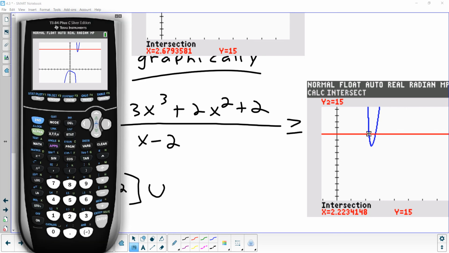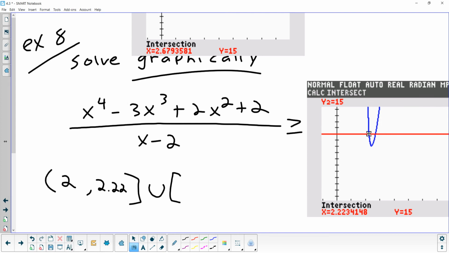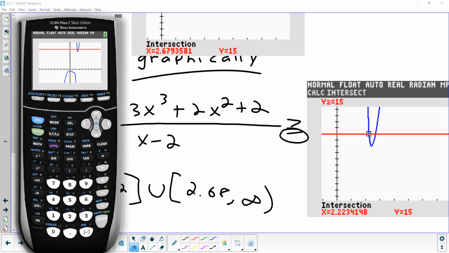What do you think the other interval is going to be? Yep, 2.68 to infinity. And we can include that because it does say equal to. So 2.68 to infinity.